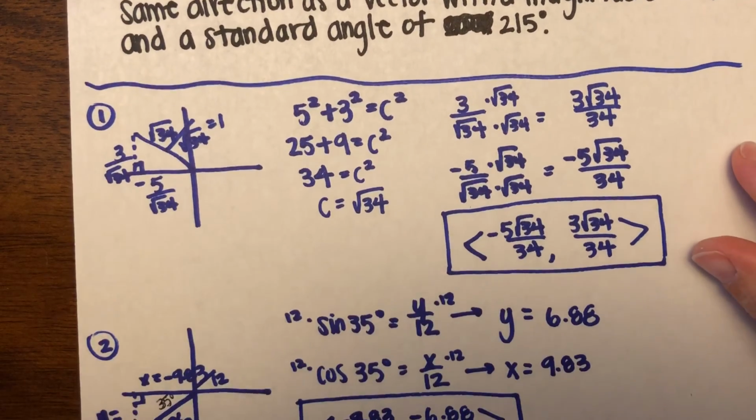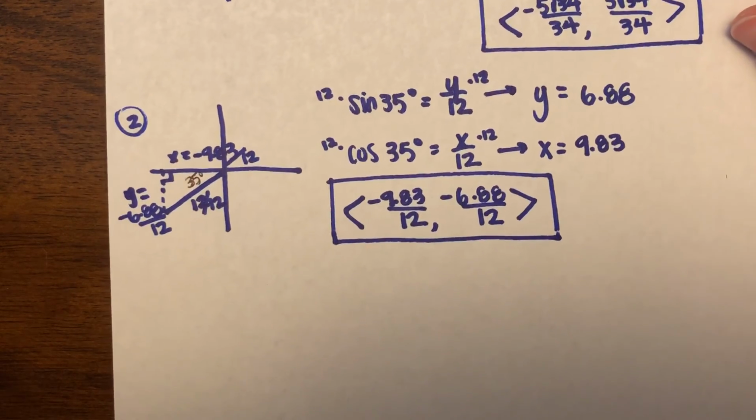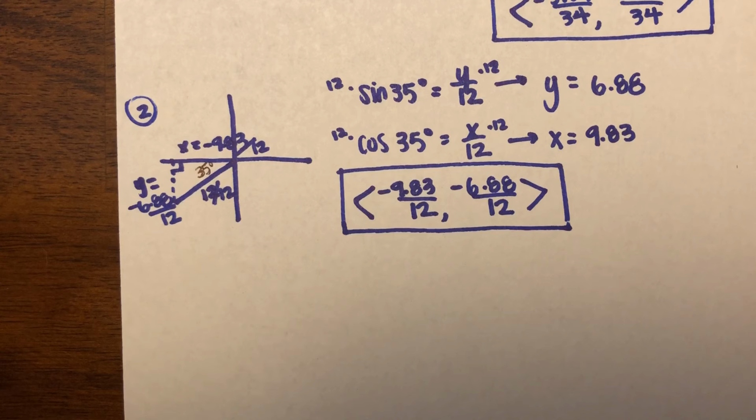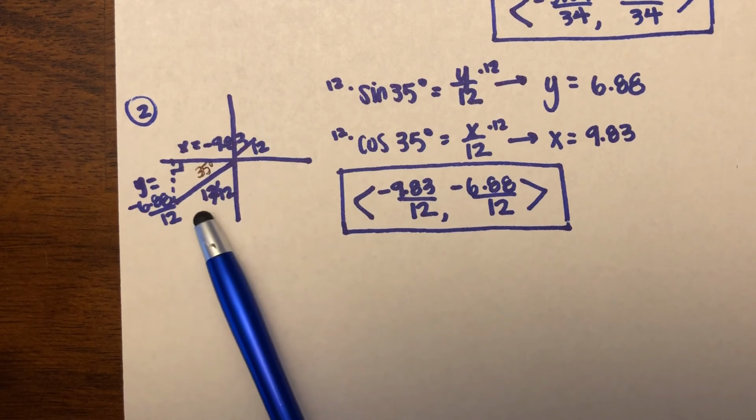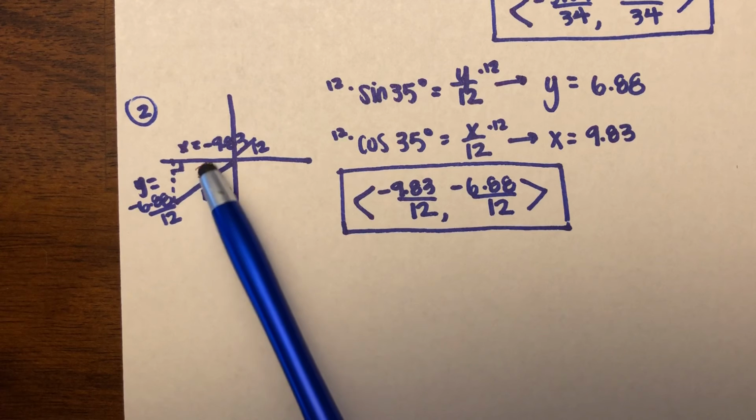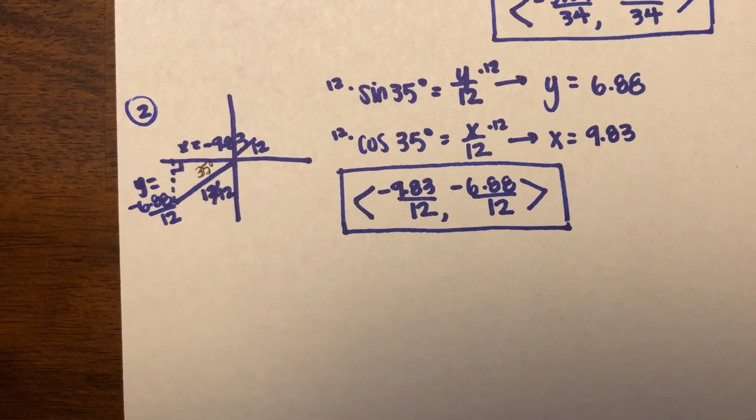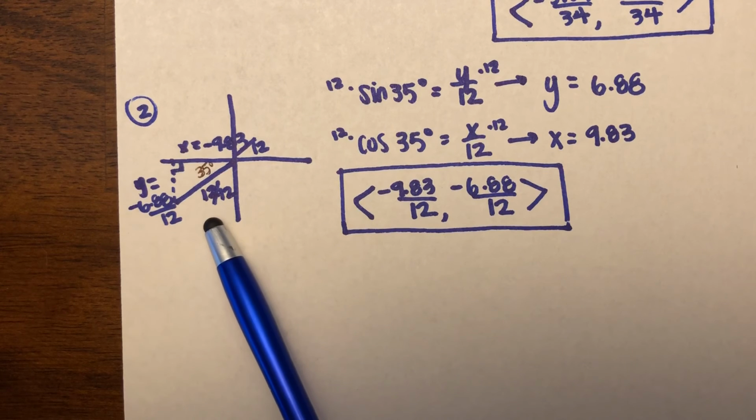In the second problem that I had you guys try on your own, I gave you that the magnitude of a vector had a length of 12 and the standard angle was 215 degrees. So that puts your vector in quadrant 3, where the angle inside the triangle right here is 35 degrees, and then the hypotenuse is 12.